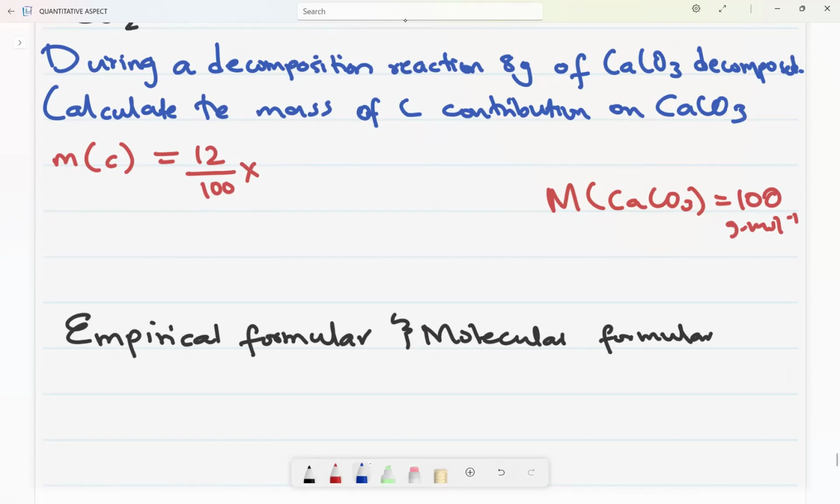Then for the mass contribution, I need to multiply by 8 grams because I need to know the mass contribution. So it's going to be 12 divided by 100 multiplied by 8, which gives me something like 0.96 grams.